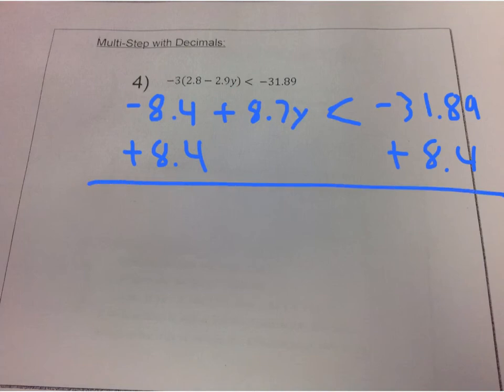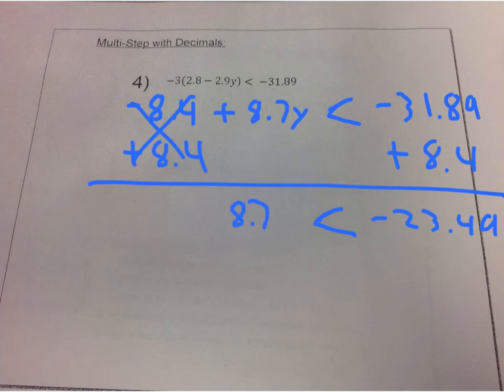So remember, when we do this, we need to actually subtract these because their signs are different. 31.89 minus 8.4 equals 23.49. I have more negatives than I do positives, so I'm going to keep it negative, and that is going to be less than this side, which would just be left with, that crosses out, 8.7y. Okay, and now I'm left with a one step.